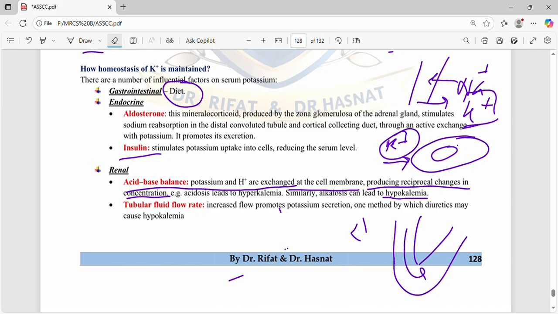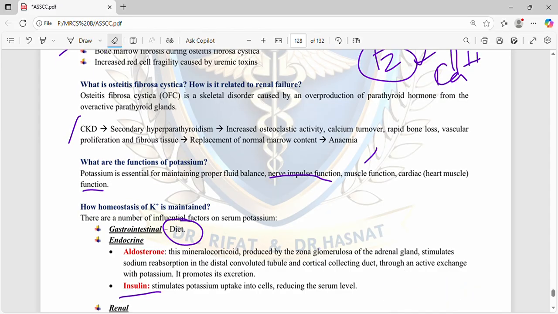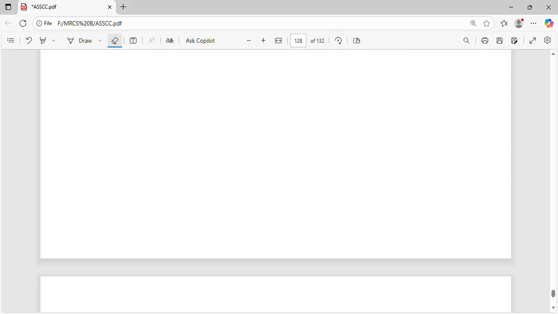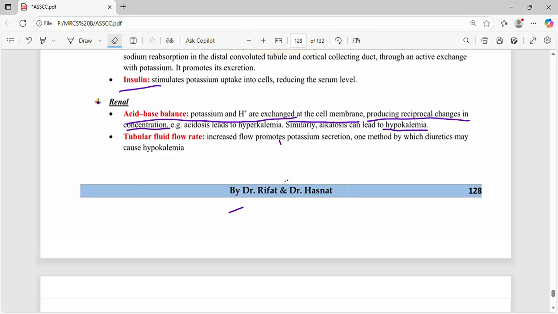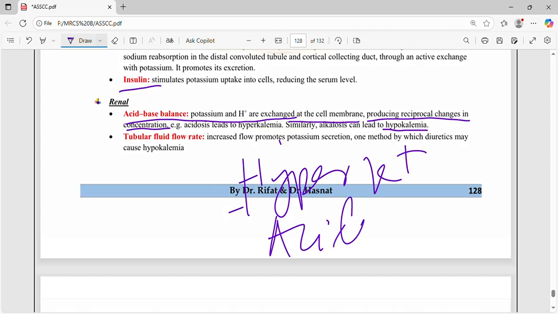Instead of secreting potassium, the body will be busy getting rid of hydrogen, and so there will be a buildup of potassium. So hyperkalemia is associated with acidosis, and hypokalemia vice versa with alkalosis.